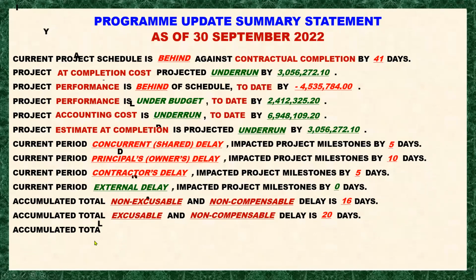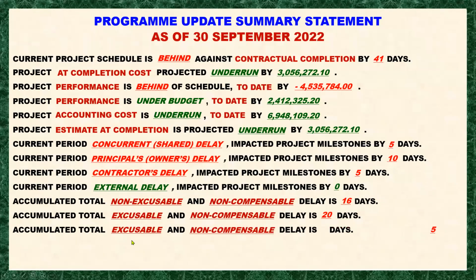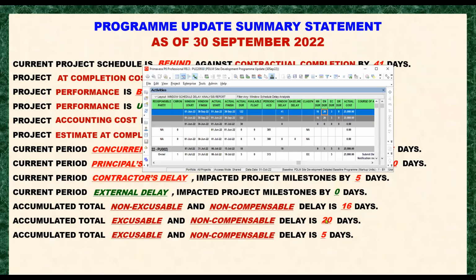Next is the accumulated excusable and non-compensable delay is 5. Take note that we are talking about the summary or the total of the types of delays here.